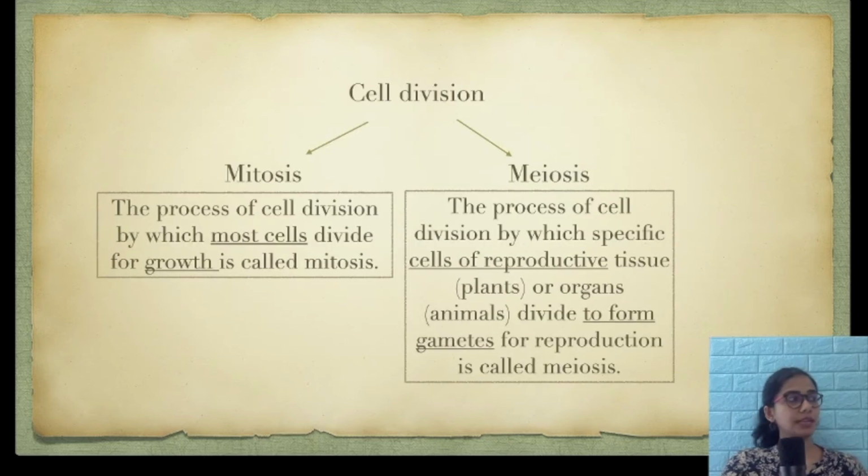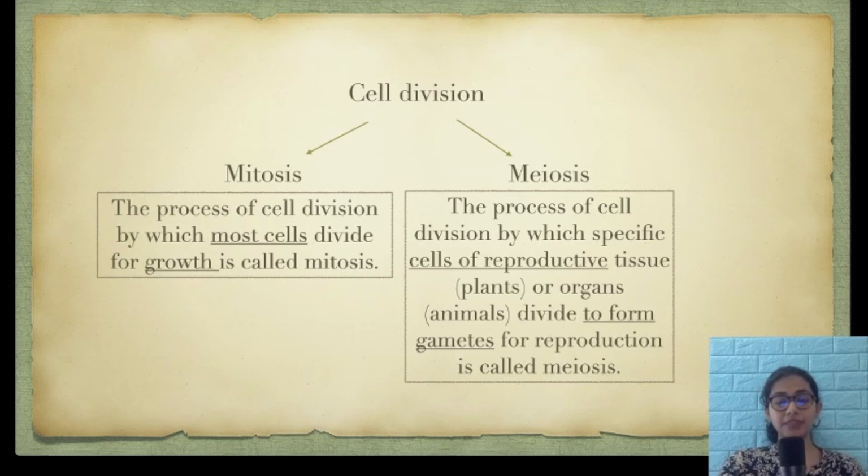That means already existing cells divide to form new cells. So there are two types of cell division, that is mitosis and meiosis. Now what is mitosis? It's the process of cell division by which most cells in our body divide. And the purpose of mitosis is generally growth and repair. And meiosis is the process of cell division by which specific cells of reproductive tissue divide, right?